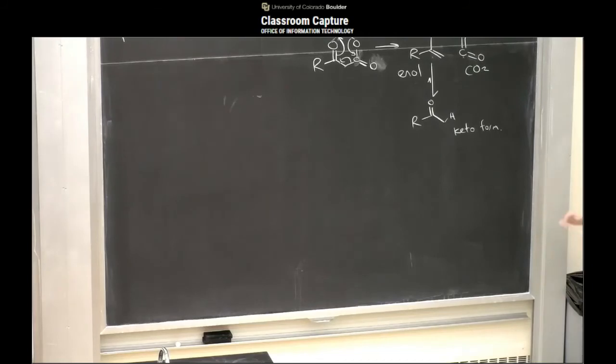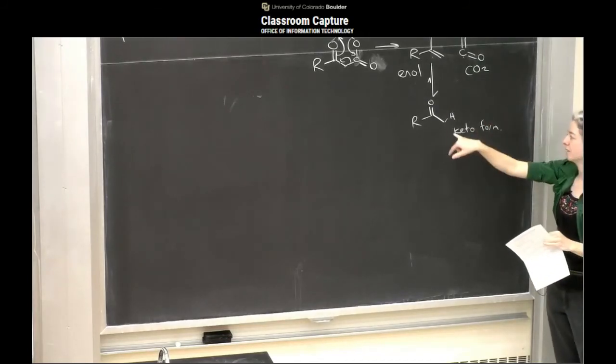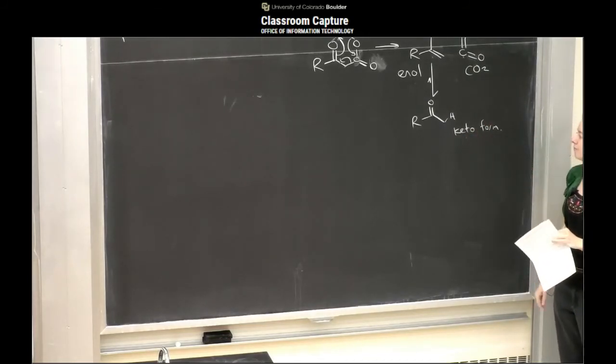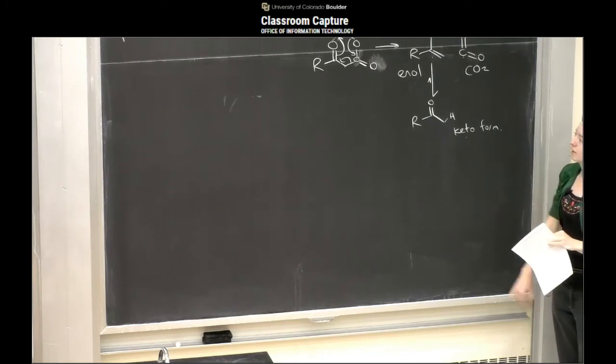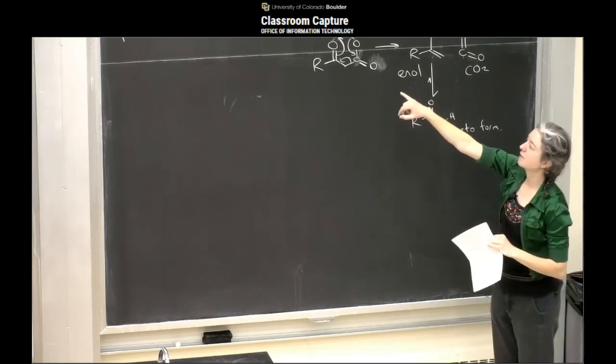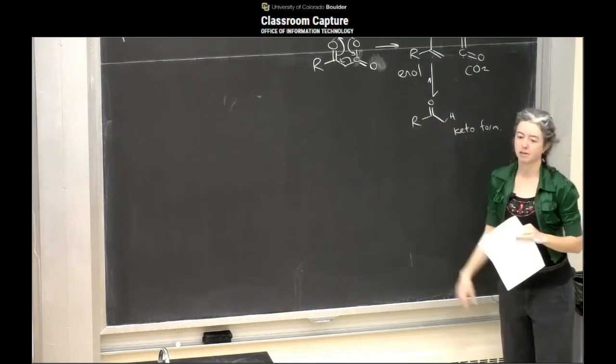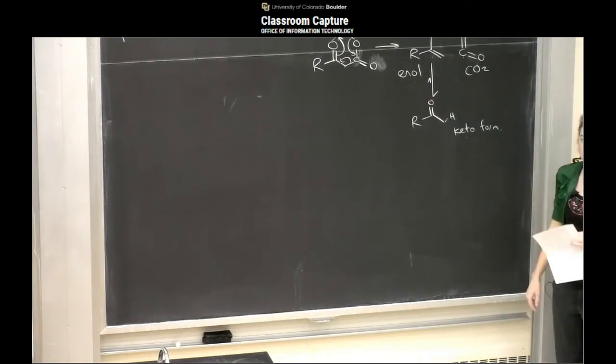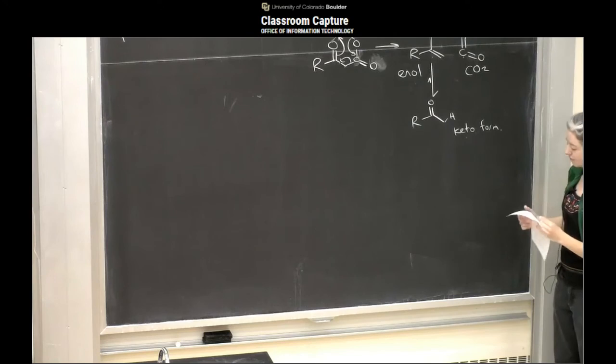And if you want, you can show all the arrow pushing for how to get from enol to ketone. We're not explicitly using any acid or base as part of the environment, but you're starting with a carboxylic acid, so it's going to be the acid catalyzed mechanism.